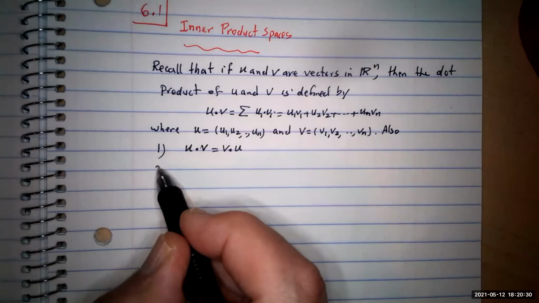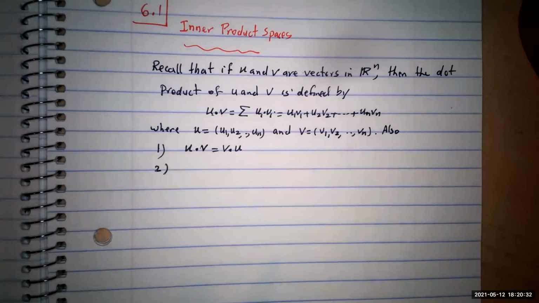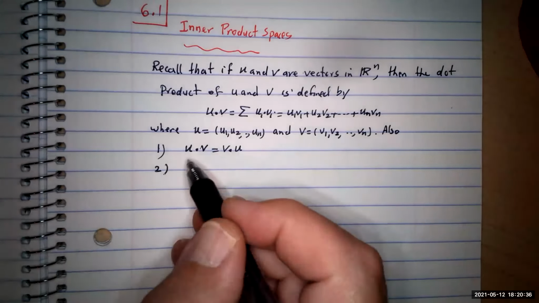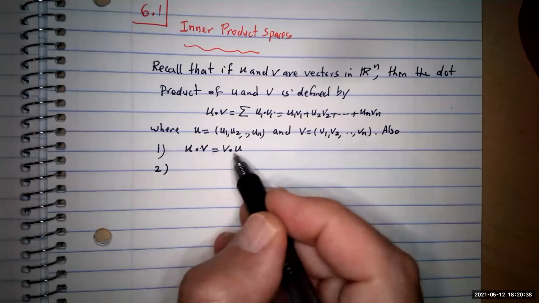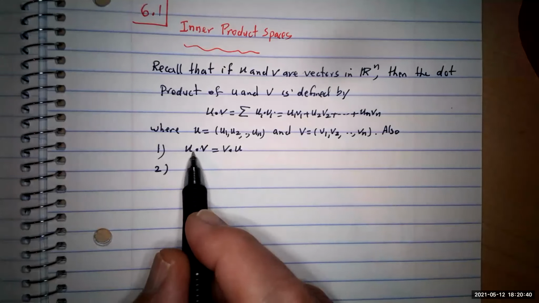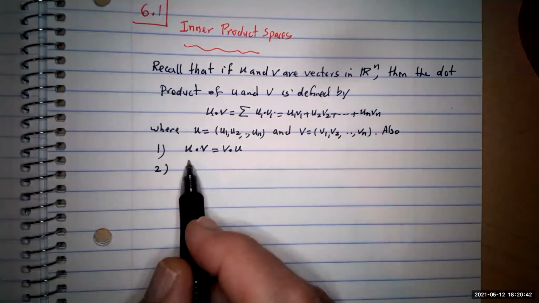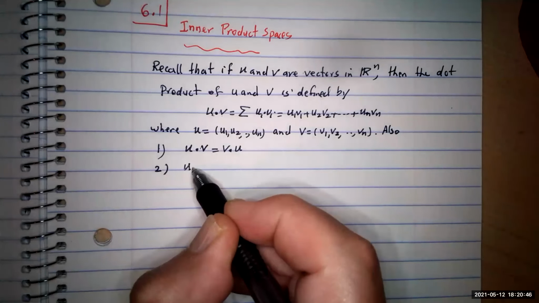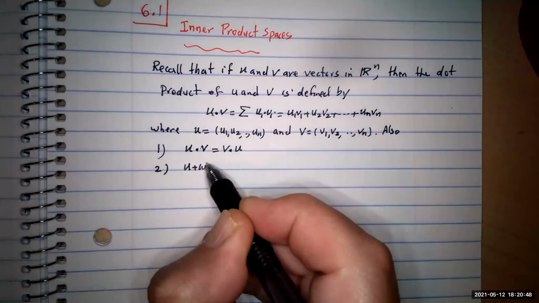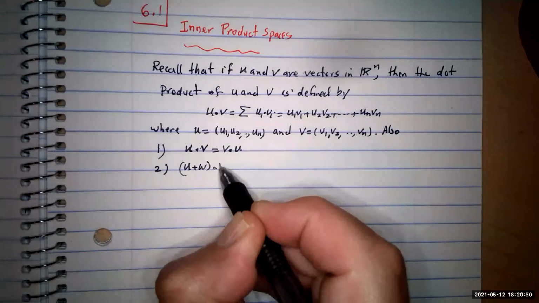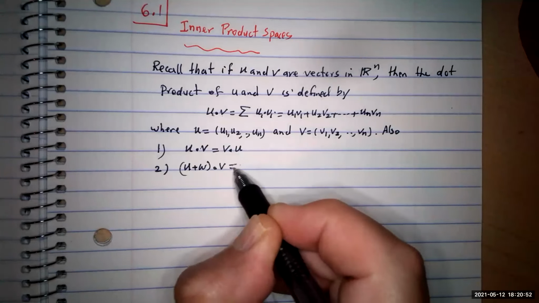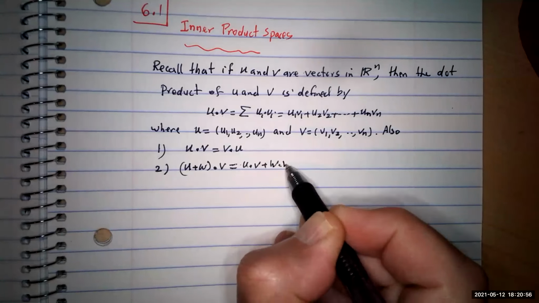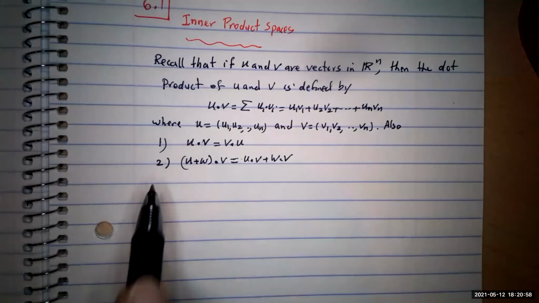The other was that if you have u plus w dot v, you can distribute it. That was a kind of linearity.